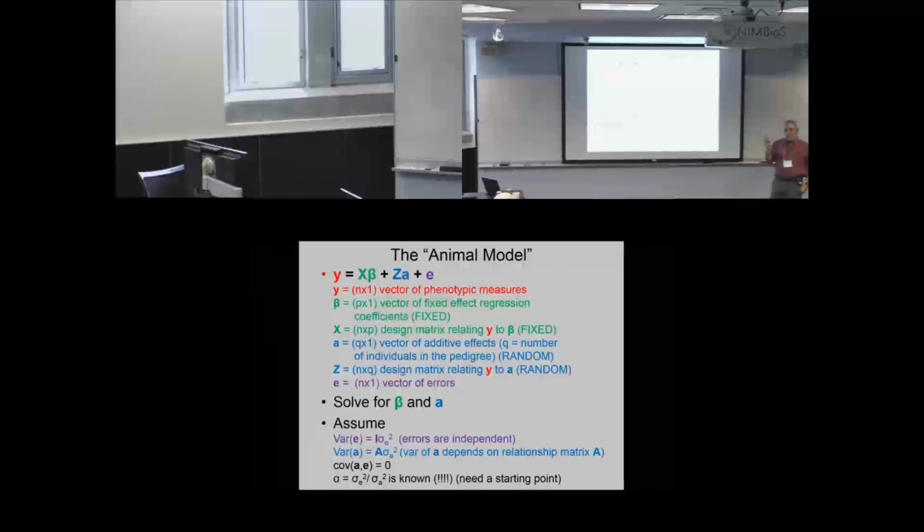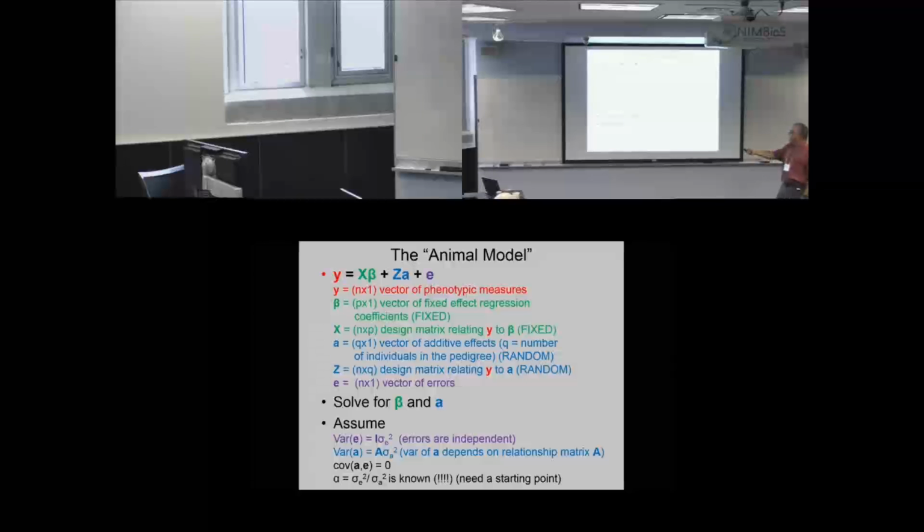Now, if you're not used to thinking about your data this way, the weird thing is these so-called design matrices. And what design matrices do is they relate either a fixed or random effect to the phenotype that you've measured. And I think this will make more sense when we look at an example. And it turns out these are very simple matrices.